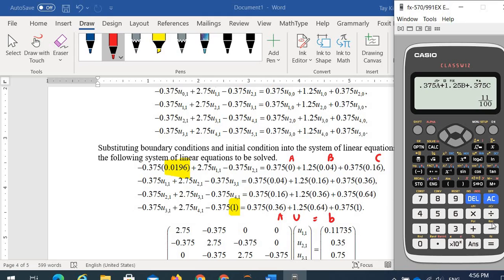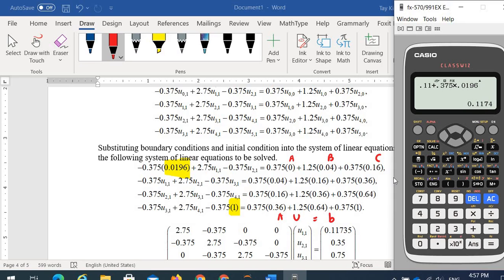This one, 0.11, plus this value brought to the right side, plus 0.375 times 0.0196, gives 0.1174, because I can fix this to 4 decimal places.